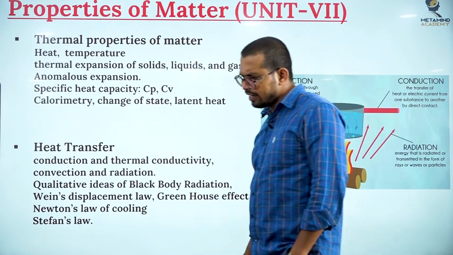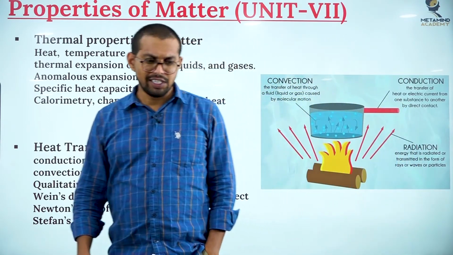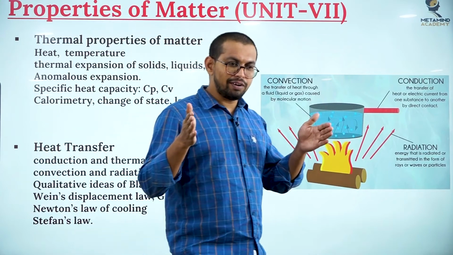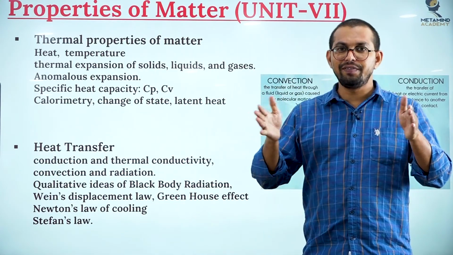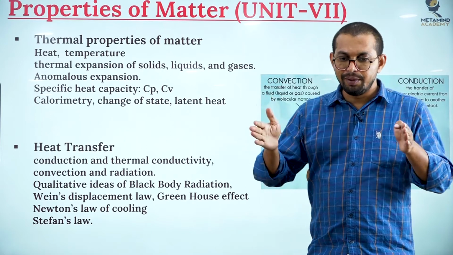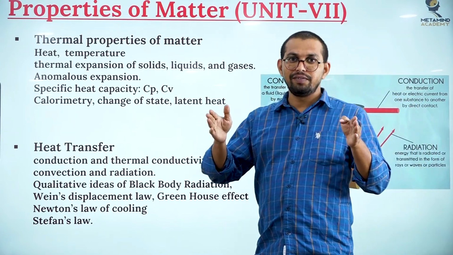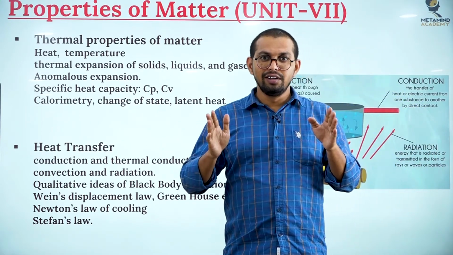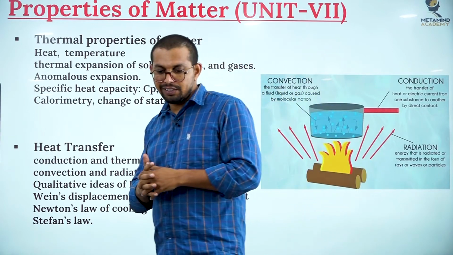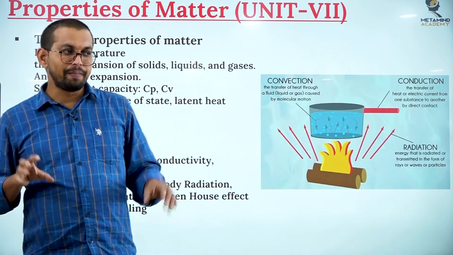And coming to the second part, it is heat transfer. Suppose one end of a body or substance is at a different temperature. If a body has two ends at two different temperatures, then heat transfer takes place through the body.